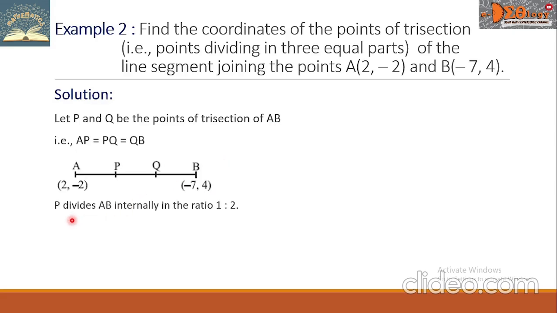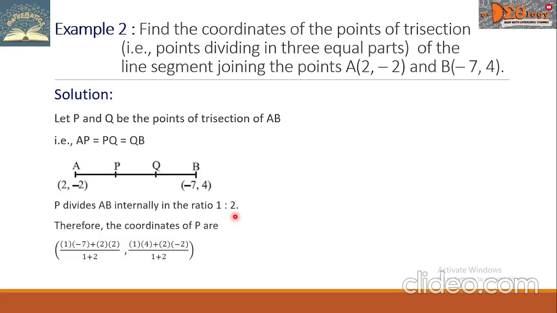Now, for the point P, it divides AB internally in the ratio 1:2. Therefore, the coordinates of P are, this is the x coordinate, 1 times -7 plus 2 times 2 all over 1 plus 2. And the y-coordinate, 1 times 4 plus 2 times negative 2, all over 1 plus 2.